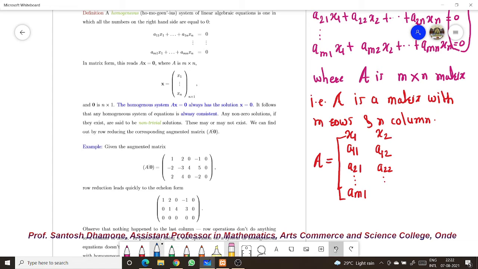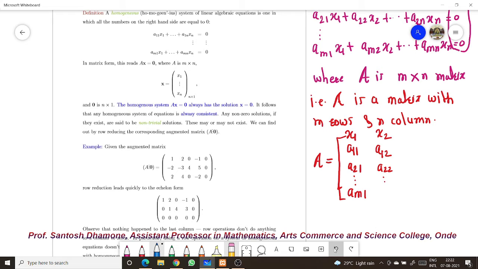It follows that any homogeneous system of equations is always consistent.